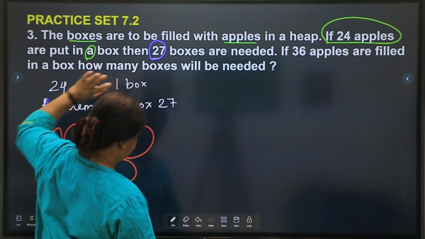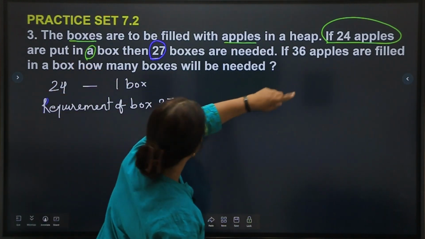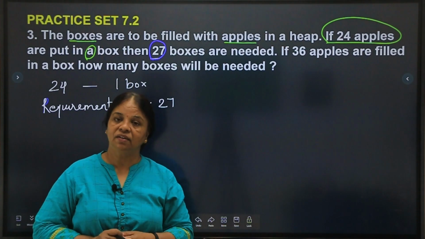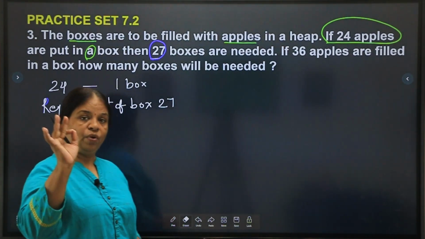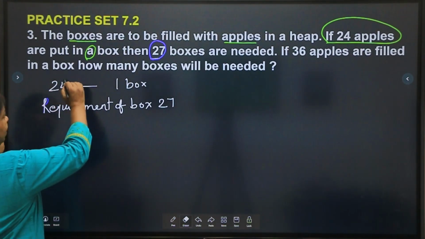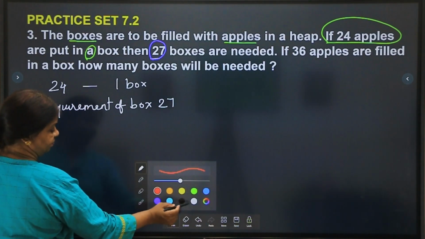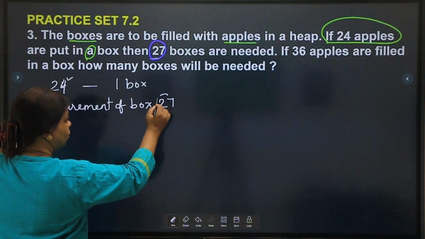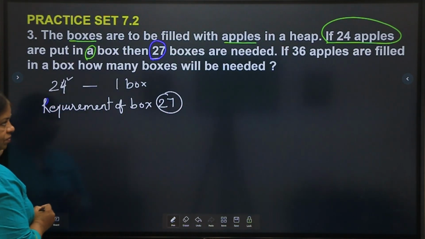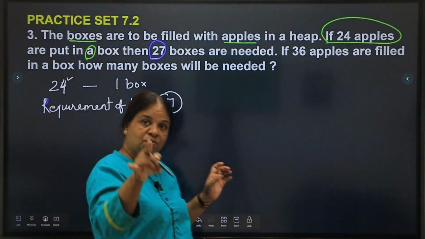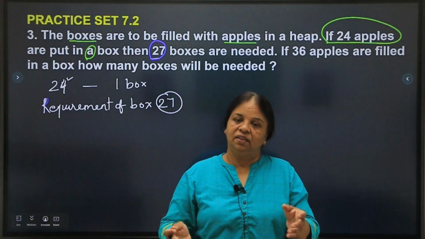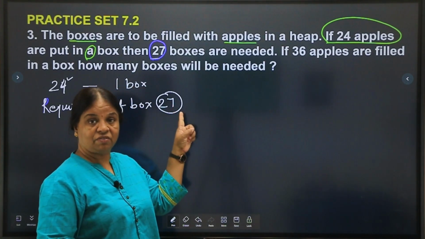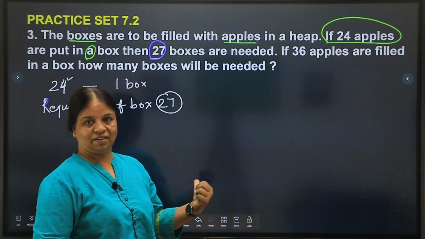If 36 apples are filled in a box, then how many boxes do we require? Now see, when you fill 24 apples in one box, the number of boxes required is 27. So if you fill 36 apples in one box, the number of boxes required would not be 27, but less than 27. Yes or no?